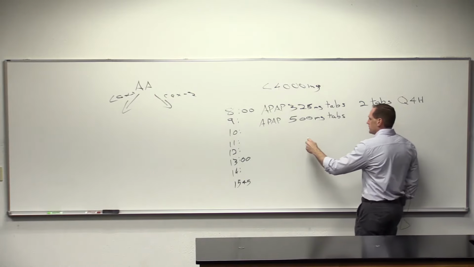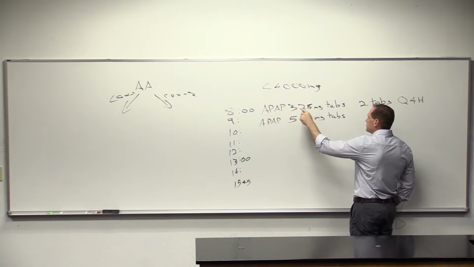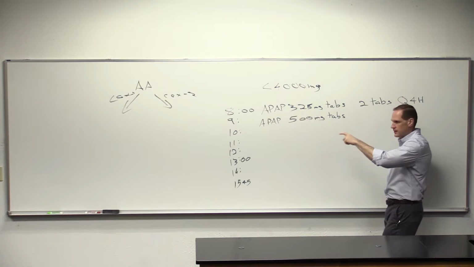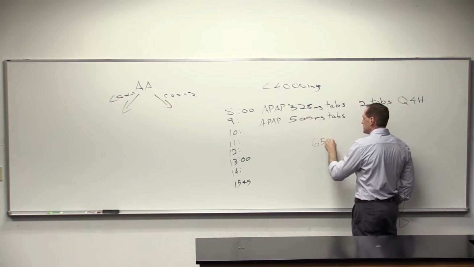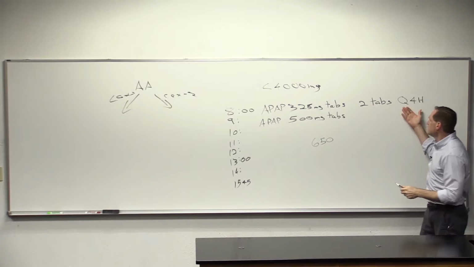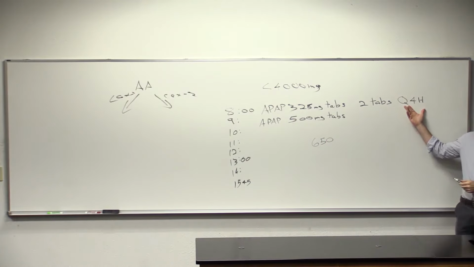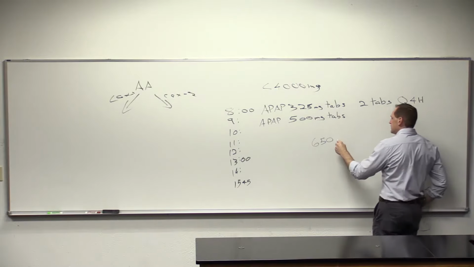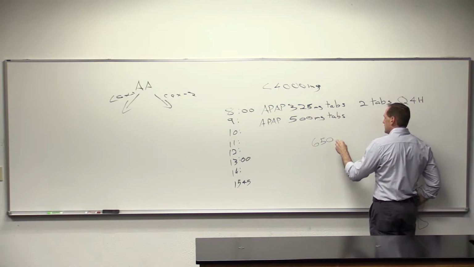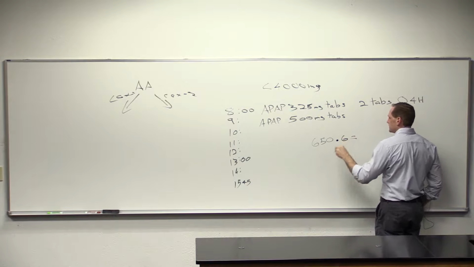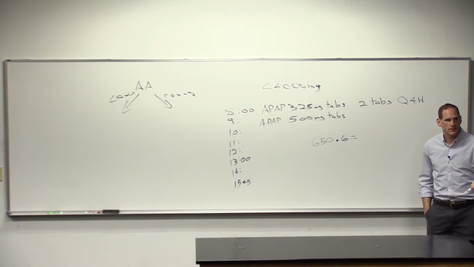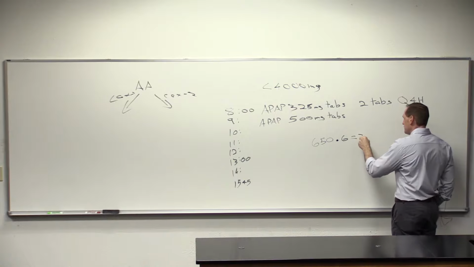All right, so 325, 2 tablets is how much total? 650. So each dose is 650. And the patient can get it every 4 hours. So how many times in 24 hours can they get the dose? 6 times. So 650 times 6 is 3,900.